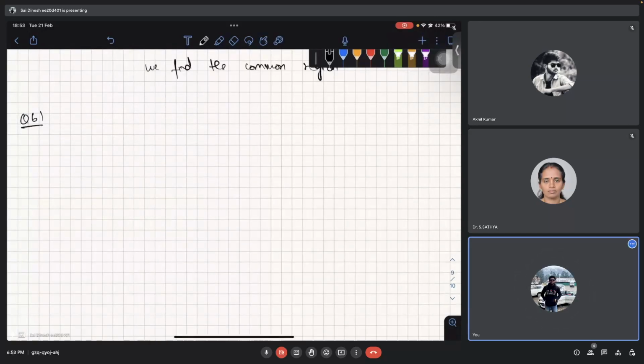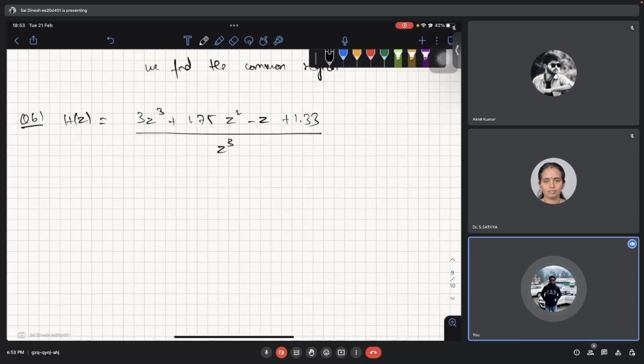So we have a system transfer function with 3 z cube plus 1.75 z square minus z plus 1.33 by z cube. Is this an IIR or an FIR filter? We need to find it.